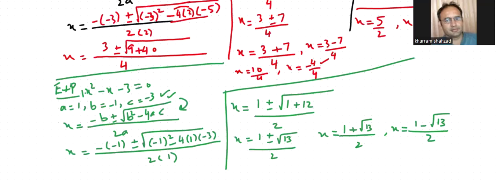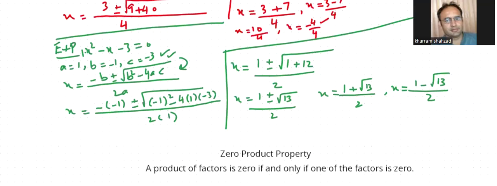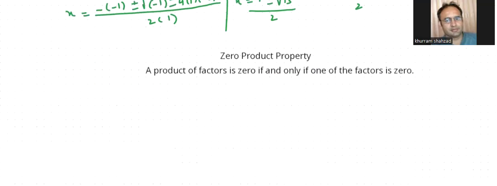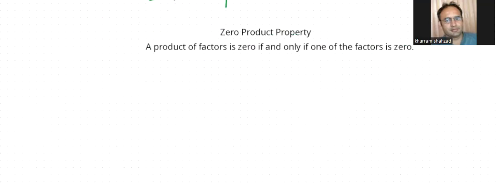So now what will we do? There is another way to calculate the zeros of a polynomial function, if the polynomial is in factored form. For this purpose, we will use the zero product property.